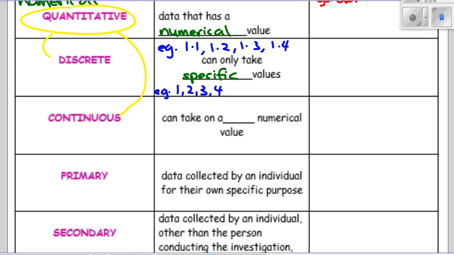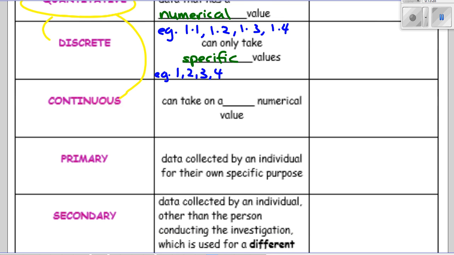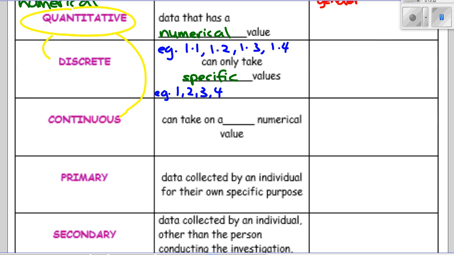Why would money be discrete, do you think? Exactly, because it can only be rounded to 2 decimal places. You couldn't get $3.249 in the real world. So one example of discrete is money, e.g. $3.25, as opposed to 3.259, which could have many decimal places.